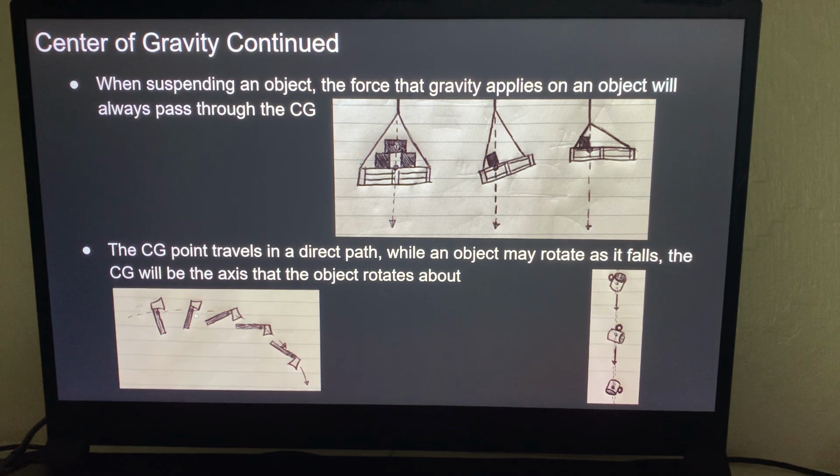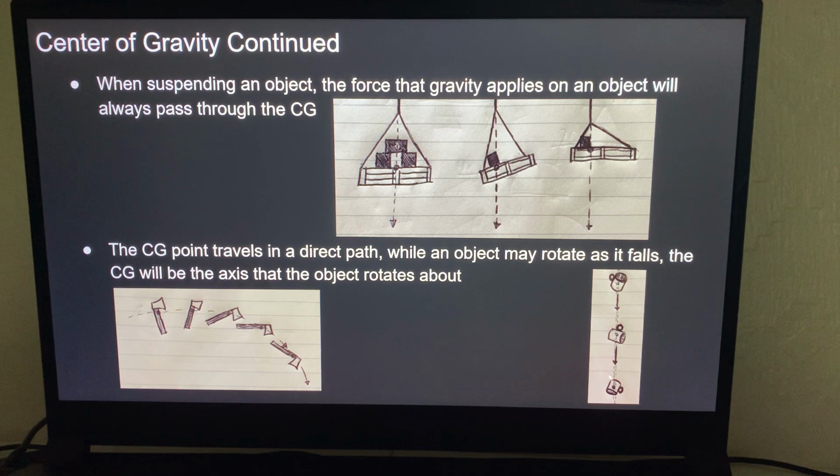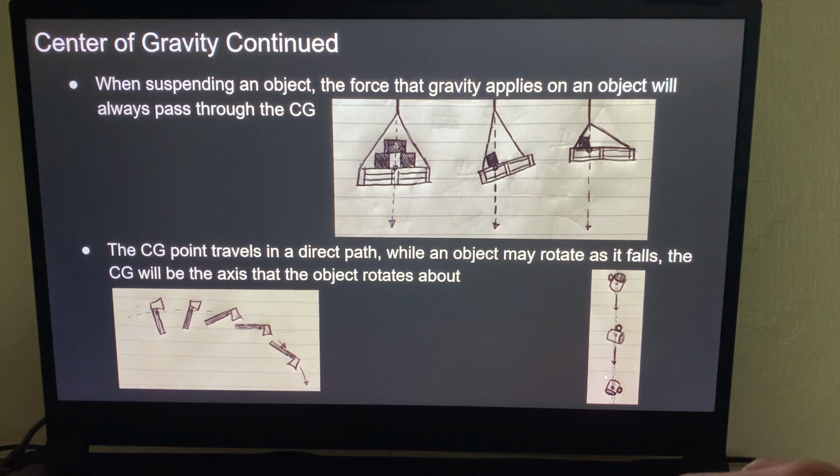The center of gravity of the hatchet is right below the axe head, and it stays in a direct parabolic arc, while the hatchet itself rotates about that point. And the same thing with this coffee mug. The center of gravity maintains a direct straight path down, while the coffee mug rotates about that center of gravity as it falls down.